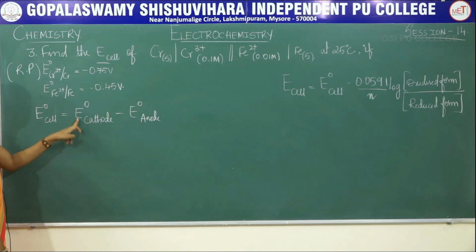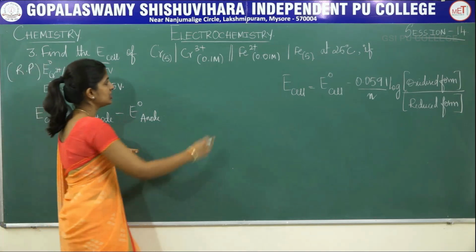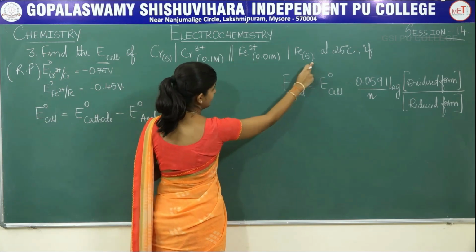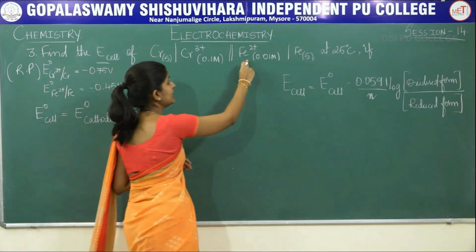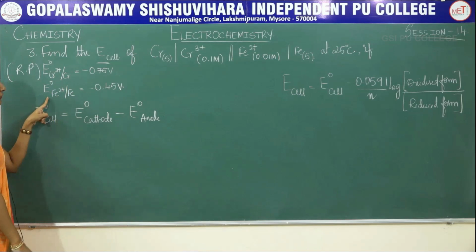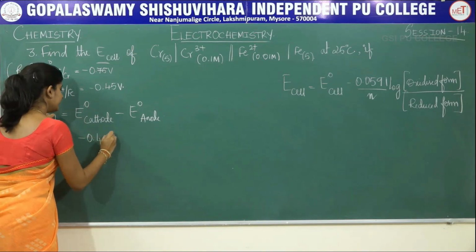First let us take E naught cathode. Cathode is the electrode at which reduction happens. Which is the reducing species? It is iron. So this is the right hand side half cell, undergoing reduction. So iron is acting as the cathode. The electrode potential of iron here is minus 0.45 volts.